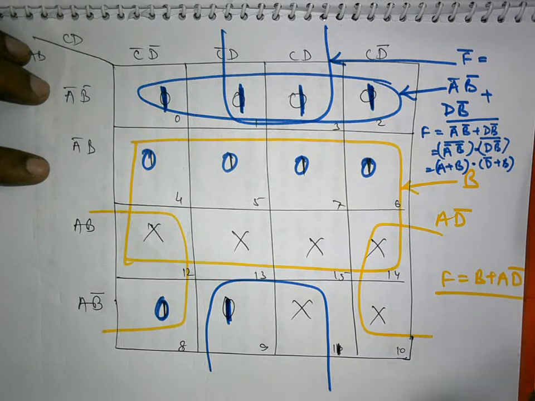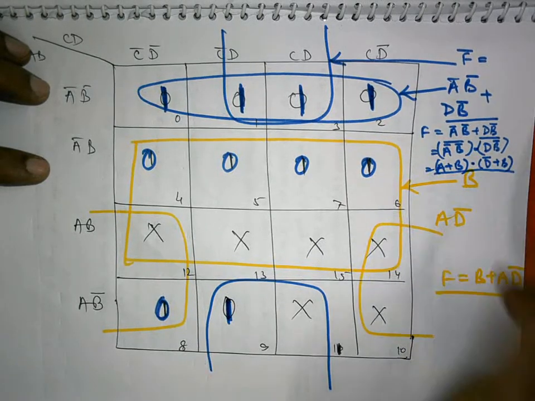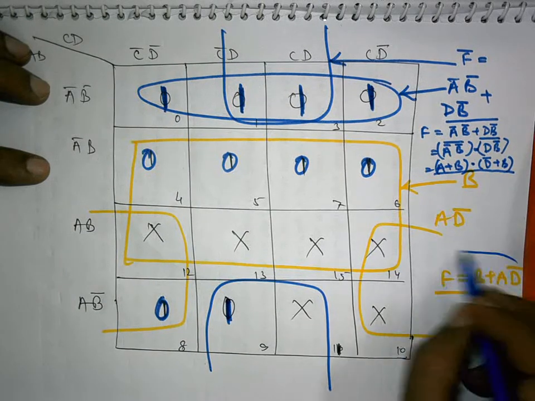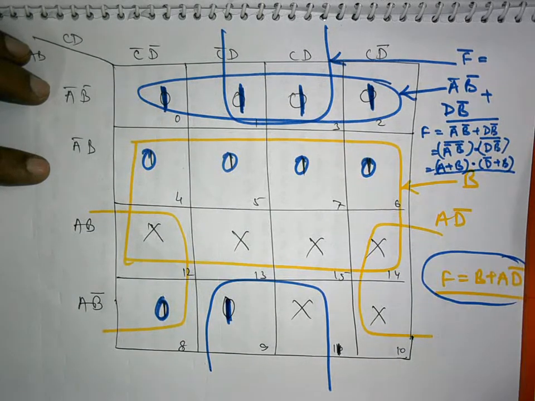So using NOR gate you can realize this circuitry, and using NAND gate you can realize the other circuitry. Now you see which one is more complex. Realization using NOR gate seems to be more complex. So you will prefer realization using NAND gate for this particular map.